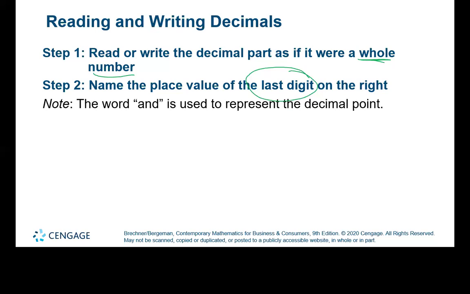The word "and" is going to be represented as the decimal point. So these two things are the same thing. If you're reading it, you're going to read the decimal point as an "and." Okay, if you're writing the number, the "and" represents the decimal point. So make sure you understand that very important piece of information.